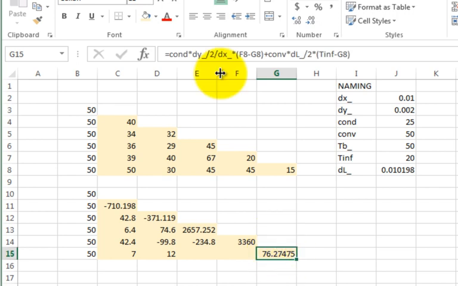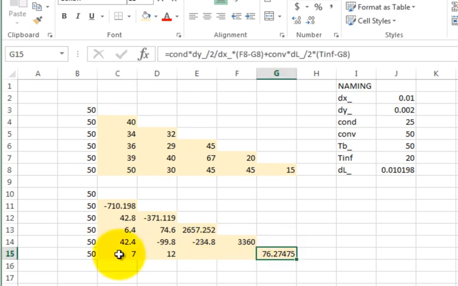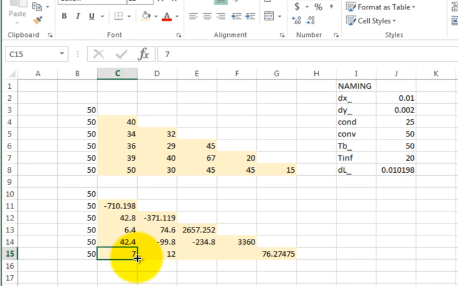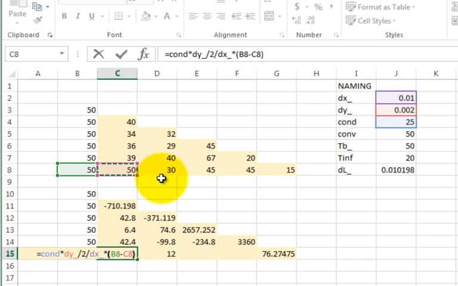So now, what I need to do is write the balance equation for these on the bottom. And so this one is painful, is equal to, I had my conduction coefficient times my delta y divided by 2 divided by delta x times my temperature difference, this one minus this one, in parentheses.